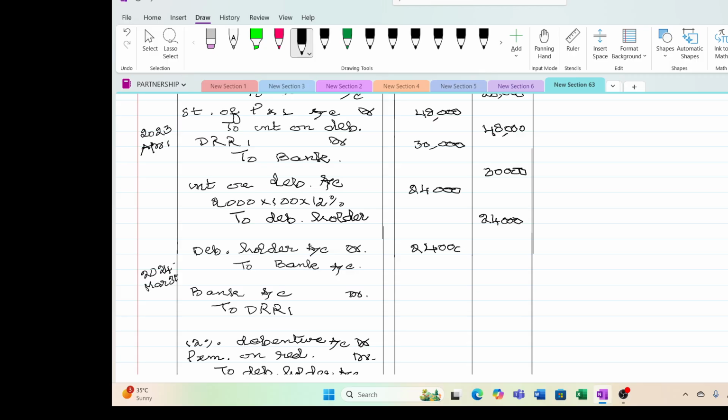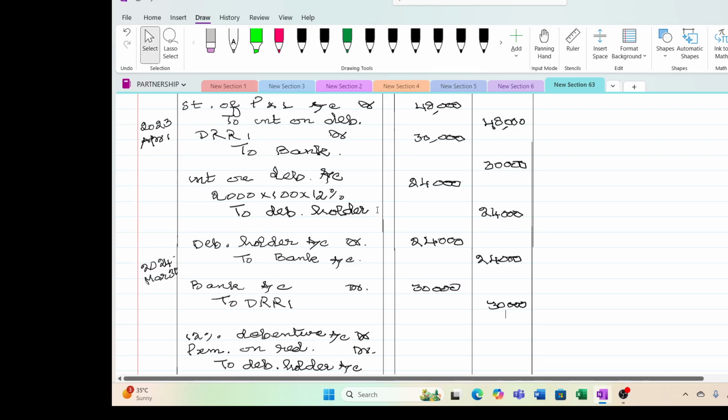So keep in mind the sequence so that you will have no issues in doing your sum. Okay. Now bank account to DRRI. Now we have sold it. We have started with the redemption. So now bank account we received 30,000 and DRRI investment sold for 30,000.